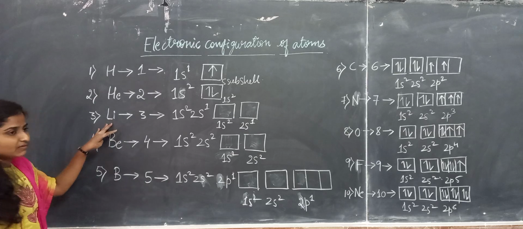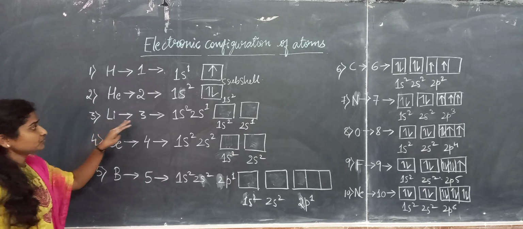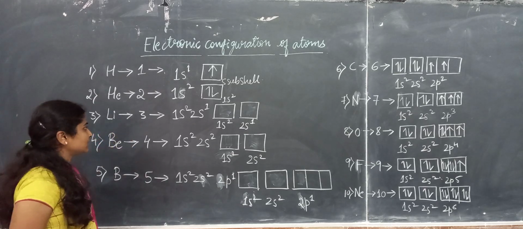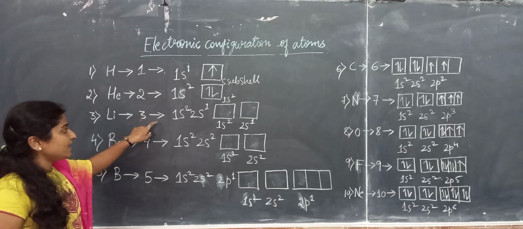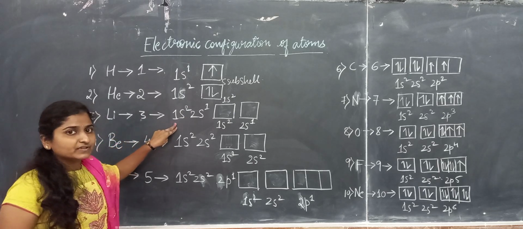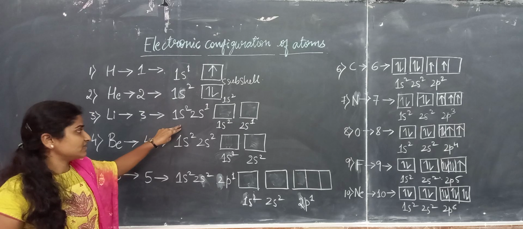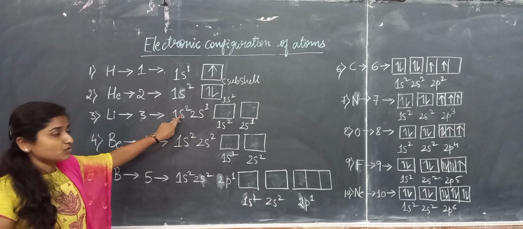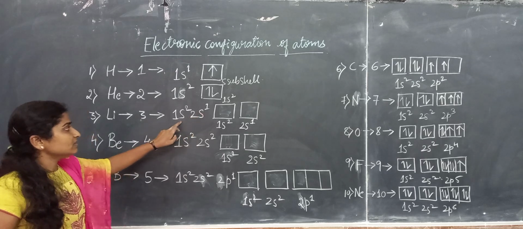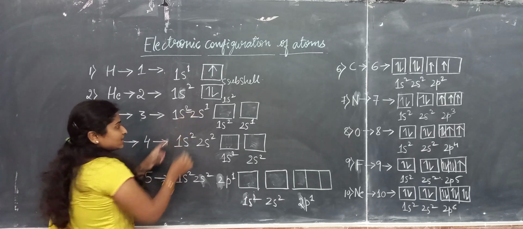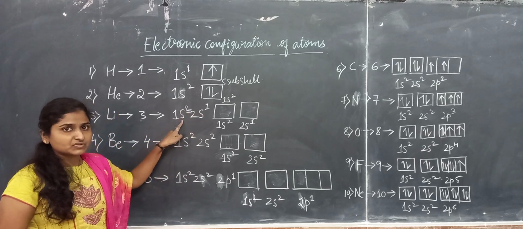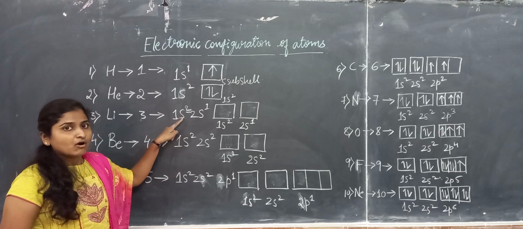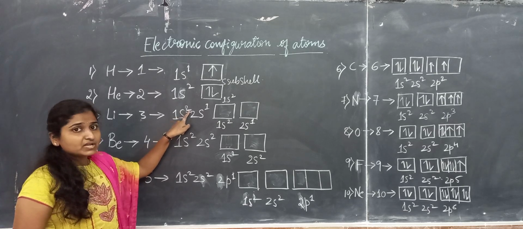So the next example we have is lithium. We know that the atomic number for lithium is 3, and we can write the electronic configuration for lithium as 1s2, 2s1. Here the first 2 electrons enter into the lowest energy subshell, that is the 1s atomic orbital, and it can accommodate 2 electrons.